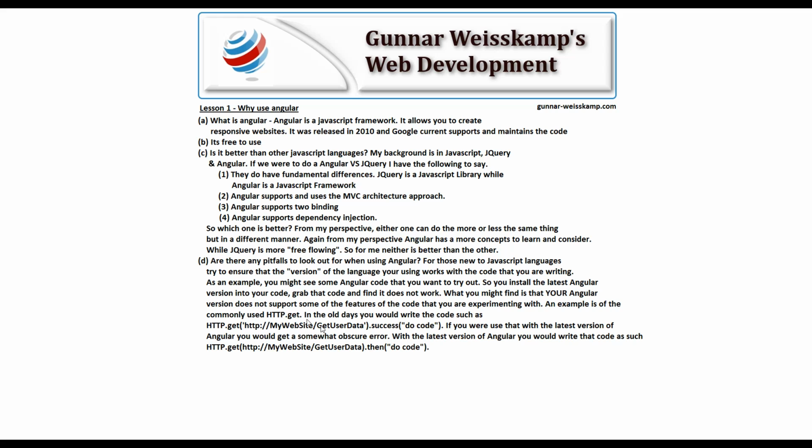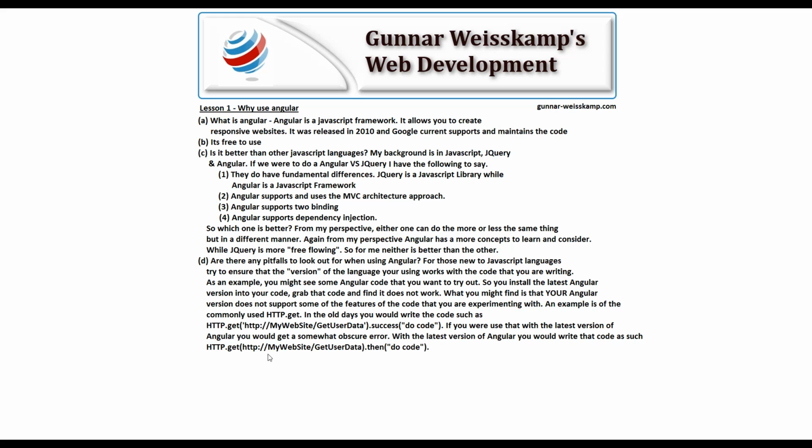An example of this, my bad spelling, is the commonly used HTTP GET Angular service. In the old days, you would write the code such as this here, HTTP GET, your URL, you'd use the keyword success and then you use some magical code in here. If you were to use that with the latest version of Angular, you would get an obscure error. For me, they're obscure anyway. So with the latest version of Angular, you would write that code as such.